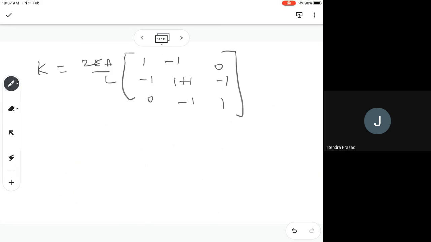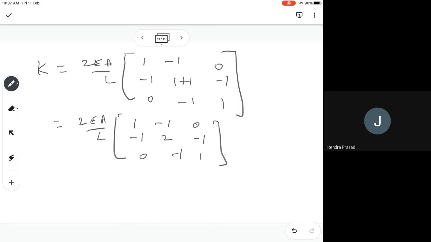So the final will be 2EA over L, 1 minus 1 0, minus 1 2 minus 1, 0 minus 1 1.